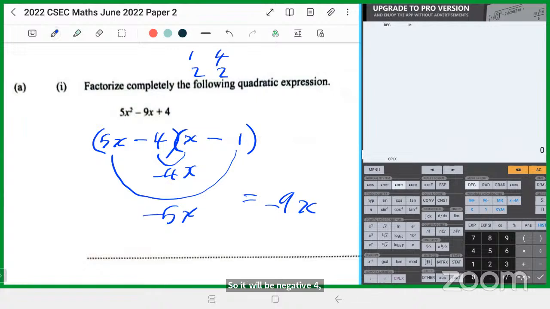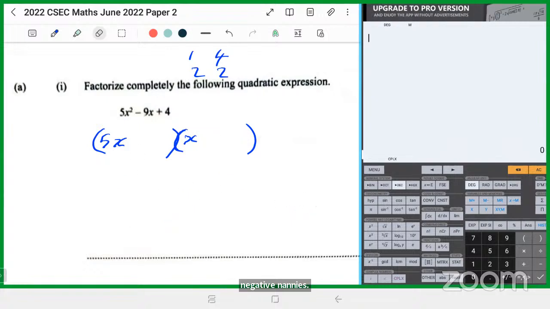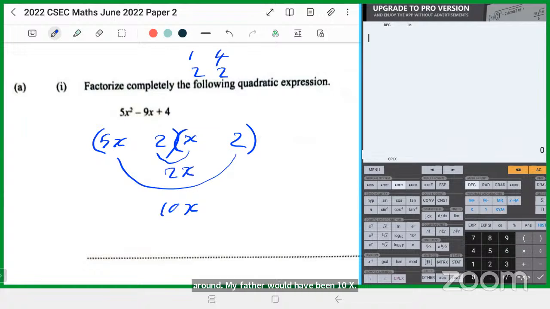Now let's say I put a 2 and a 2, the other factors of 4, to show that it will be wrong. My far product would have been 10x and my near product would have been 2x. 10x and 2x is 12x. My middle term is just 9x, so the 2 and the 2 could not work.